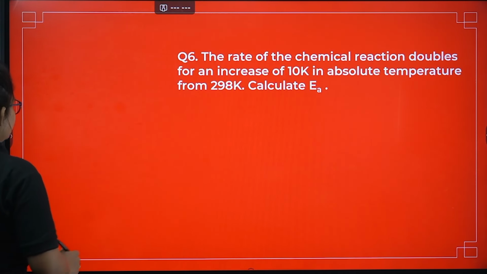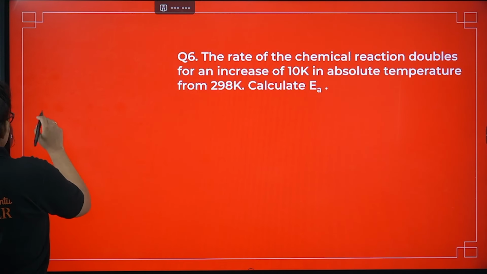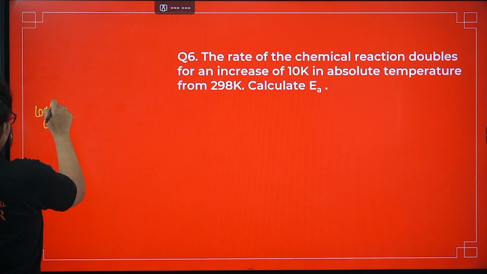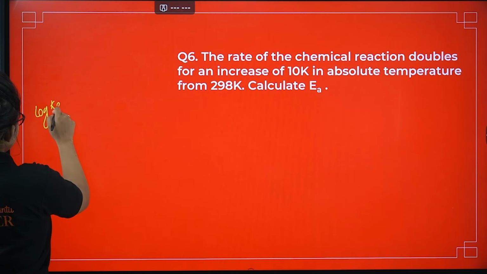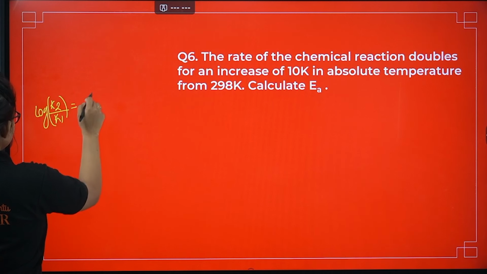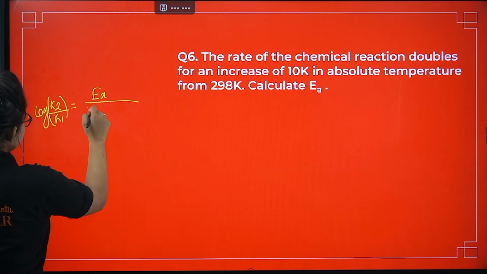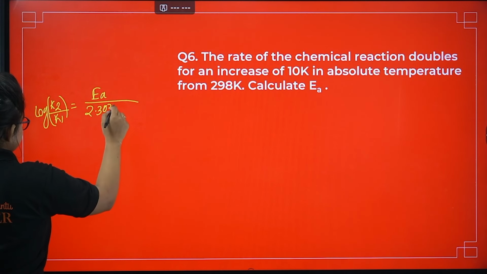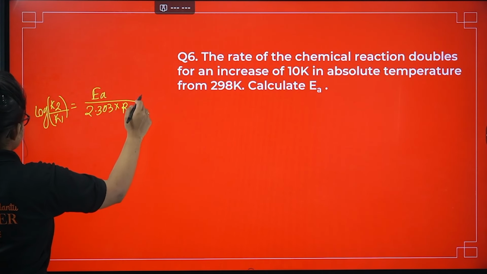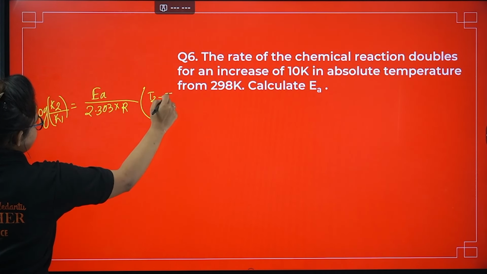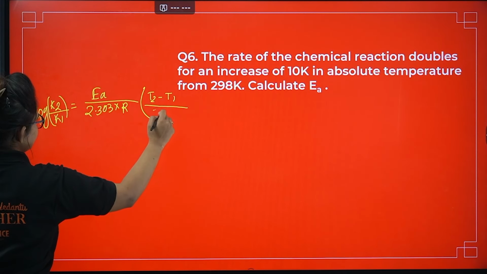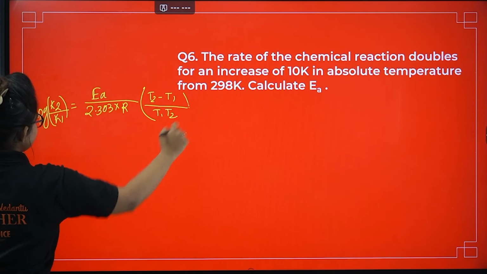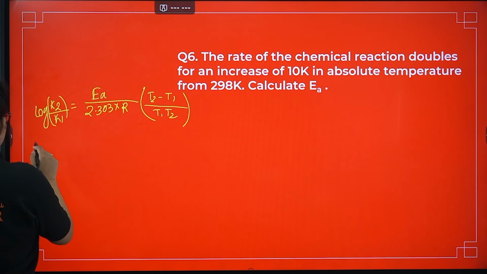Okay, so again here we can use the same formula, that is log K2 by K1 equals EA by 2.303 into R, T2 minus T1 divided by T1 into T2. Make sure you are writing the formula properly.